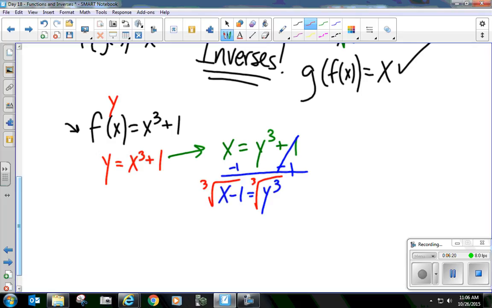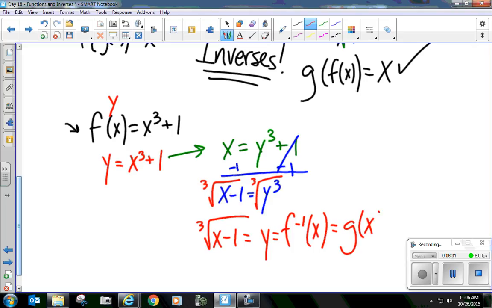So I've now got the cubed root of x minus 1 equals y. That is the inverse of f of x, which is g of x. And then I can do the same thing for g of x. Take the inverse and it ends up being f of x. So, if you want to remember less things, you can do things that way. There's no shame in doing it that way. It's algebraic proof.